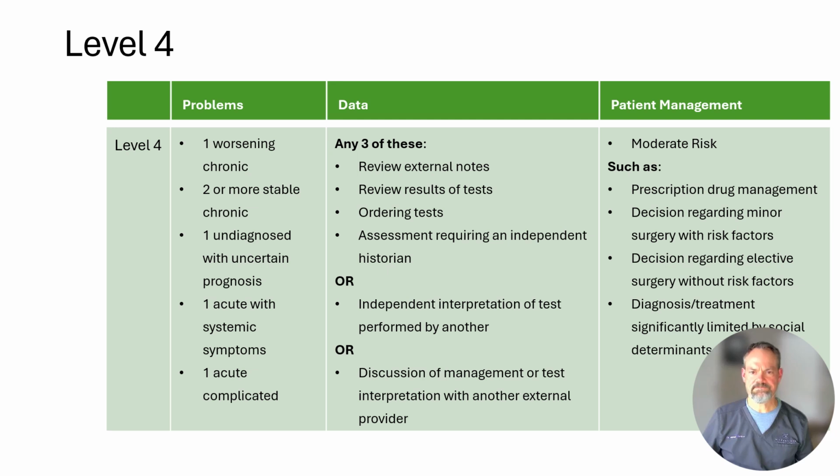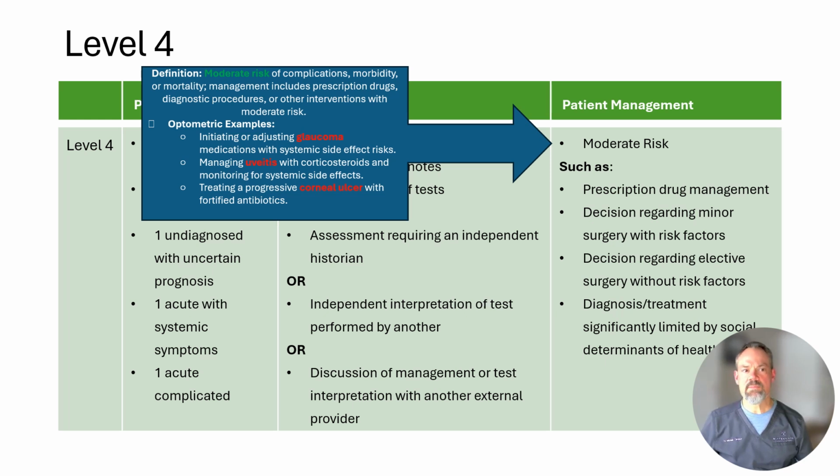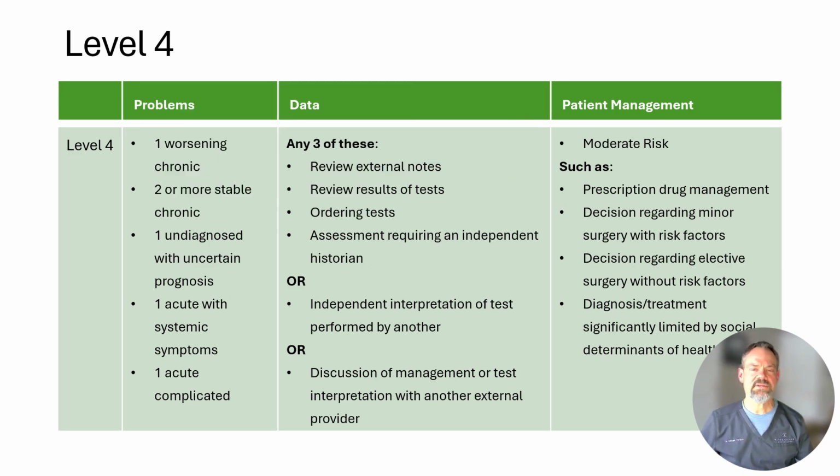Moderate risk. So level 4 involves moderate risk of morbidity, complications, mortality, and the interventions are all moderate risk as well. So a couple examples might be initiating or adjusting glaucoma medications with systemic side effects, managing uveitis with corticosteroids, and treating a progressive corneal ulcer with fortified antibiotics.